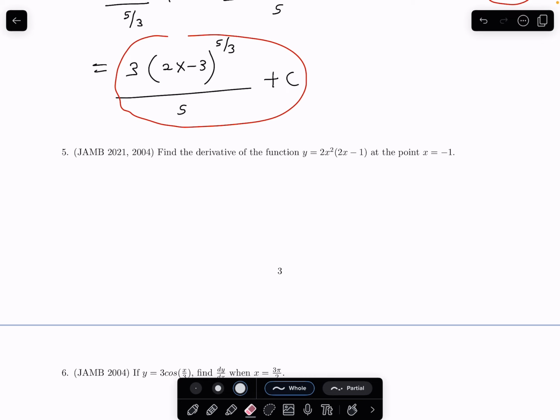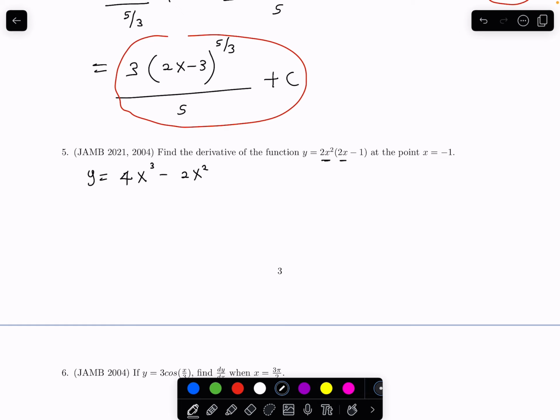But there are some situations whereby the product rule is not necessary. So in this case, I can just simplify that expression. So I have my y is equal to, if you multiply this and this, you get 4x to the power of 3 minus 2x squared, right?